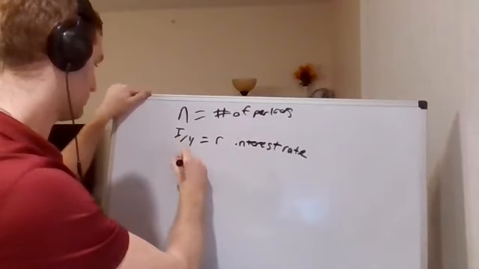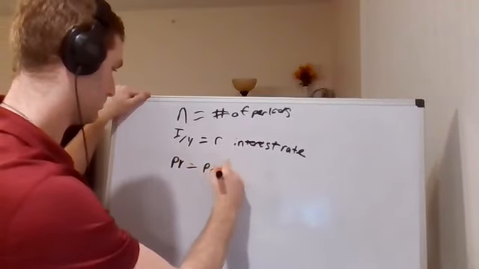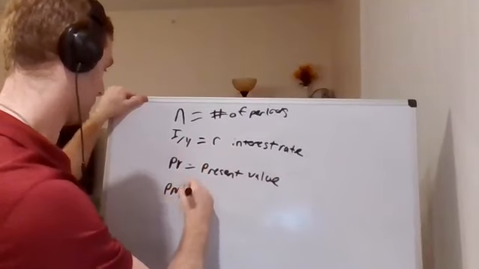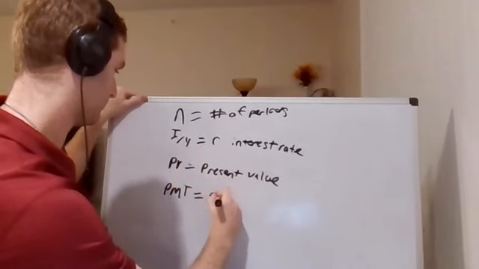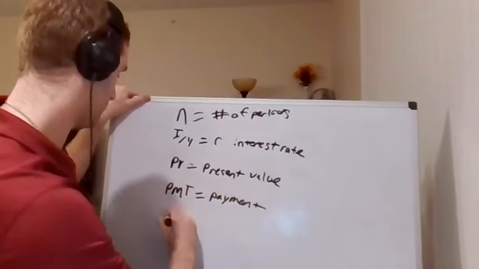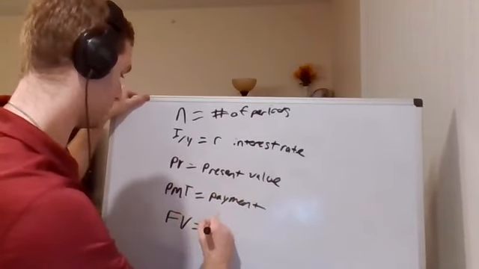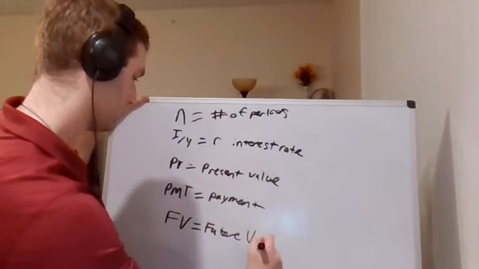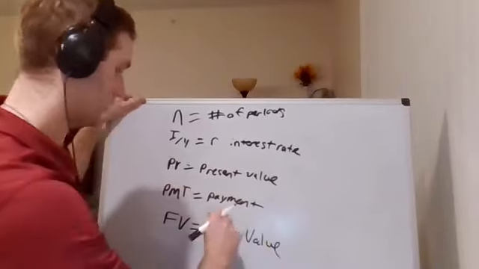PV is present value. PMT is payment. And then FV is future value. Right?